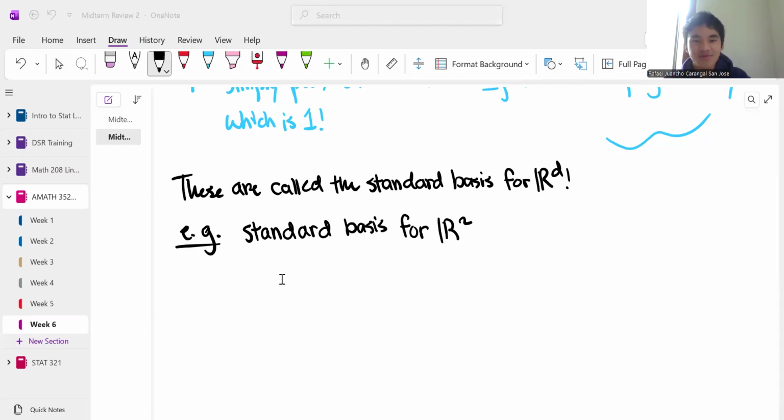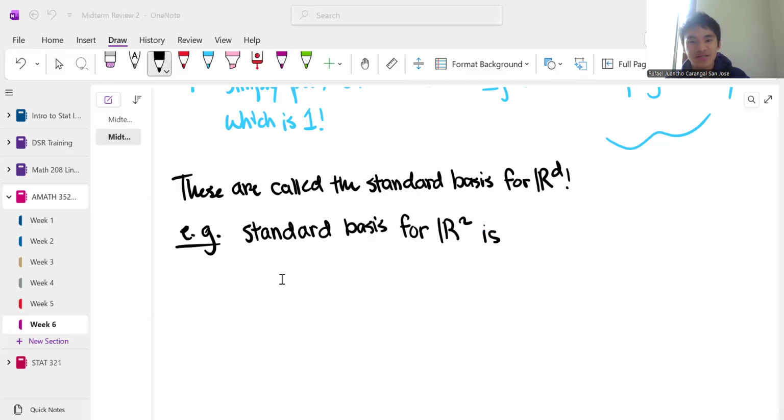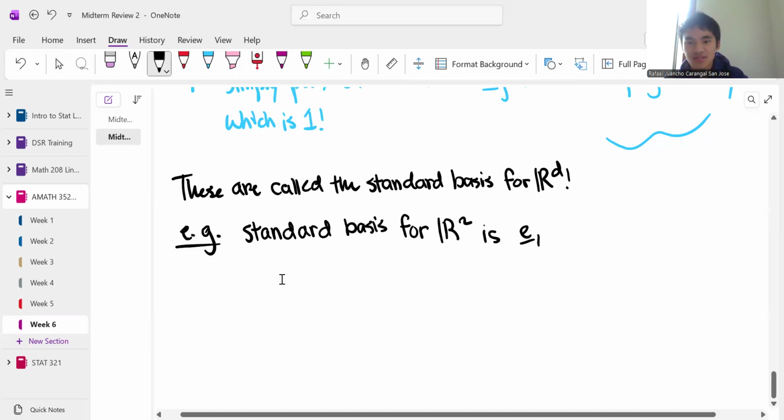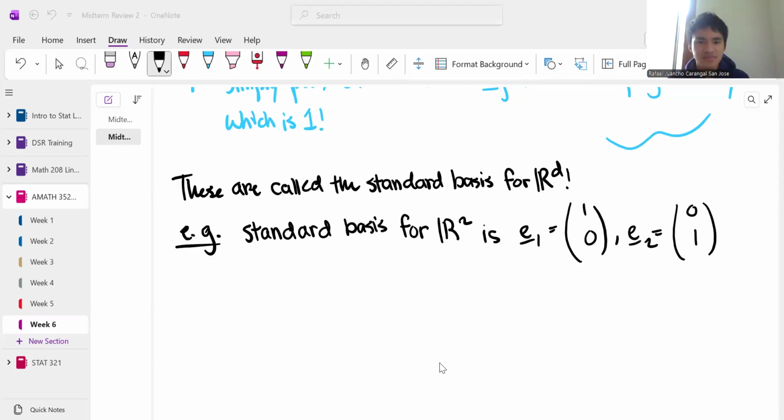So the standard basis for R2 is what? This one we've probably seen. It's the i, j, right? This is e to the 1, which is just 1, 0. And we also have e to the 2, 0, 1. We have two components in that vector.